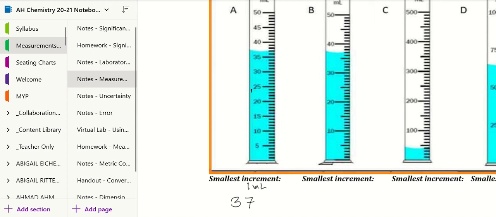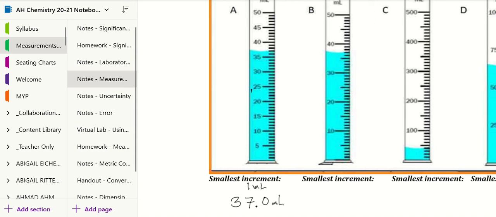And the 7. And then what do we need? Estimated digit. What do you guys put for the estimated digit? 0.0. Did everyone put 37.0? Did anybody put 36.9? That is the same thing. What about 37.1? Same thing. What matters is you read the 3, and you read the second digit, which could be 6 or 7, and then you have the estimated digit in the tenths place. And then what do we need at the end of the number? The unit.